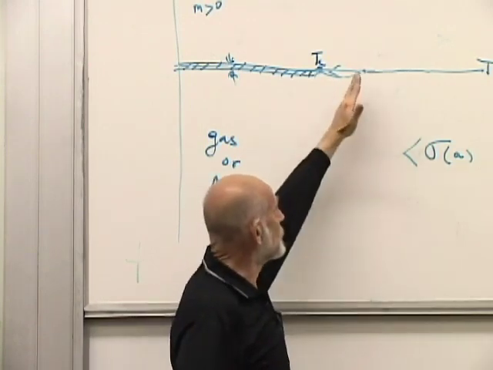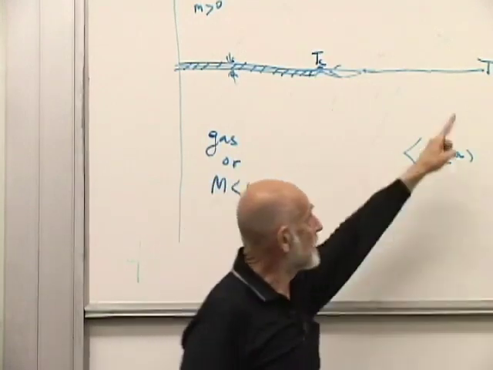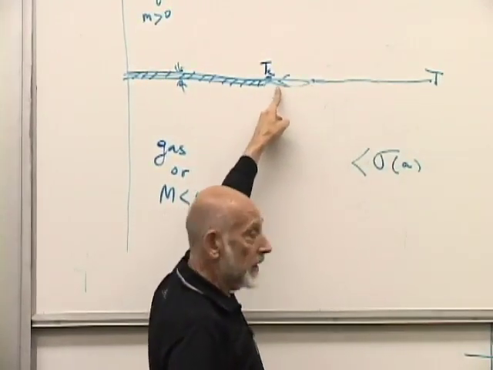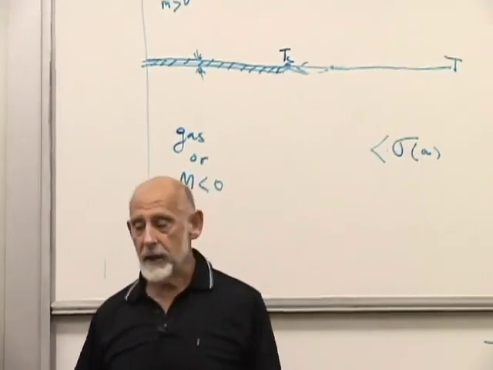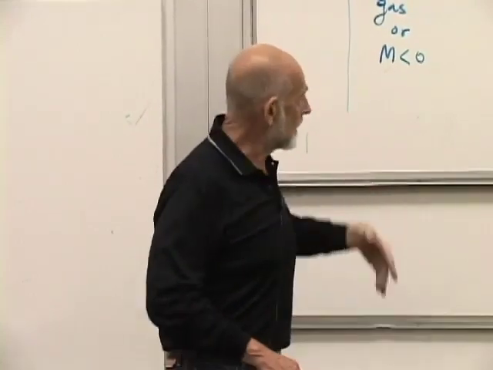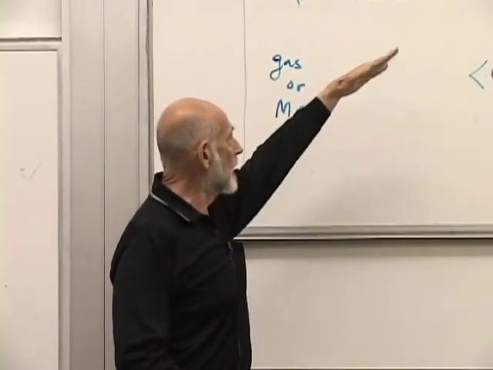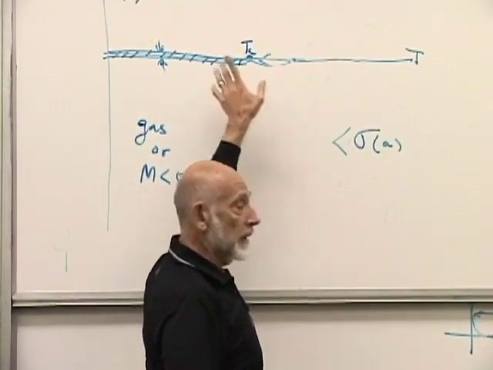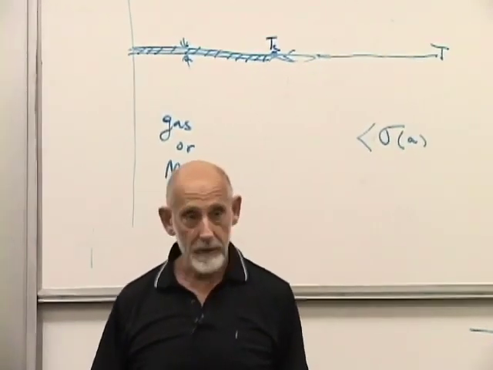So there's no sudden jump in the magnetization here. It's just 0, 0, 0, 0, 0, 0, and then it starts increasing from here, but smoothly. That's called a second order phase transition, when the density or magnetization is absolutely 0 until a critical point and then starts to increase smoothly from there.